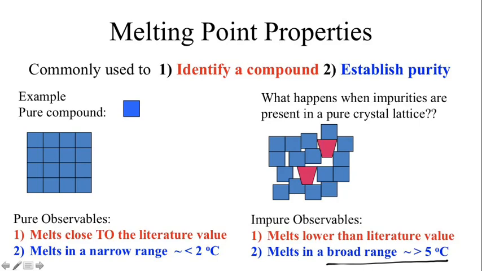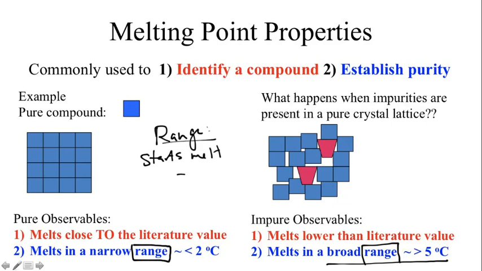Deciding where that range is gets a bit tricky to nail down. We could pick it out simply and just say it's from when it starts to melt to when it's fully melted. Well, fully melted is pretty easy.